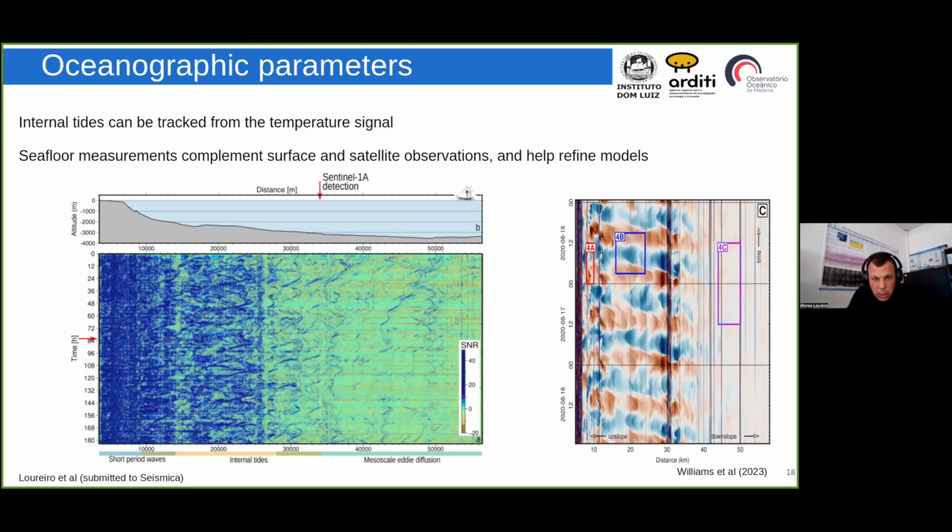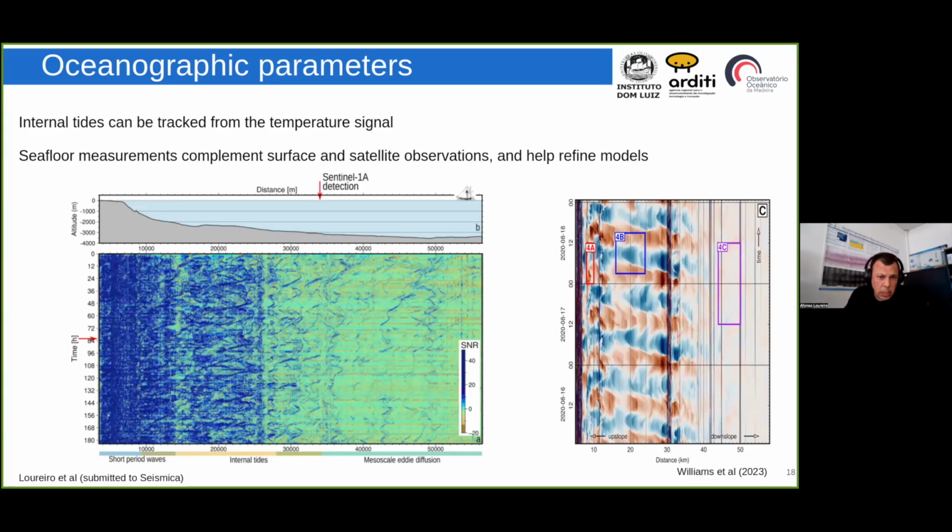And with some filtering on the data. So if you remember that long equation about all the problems that affect DAS measurements, the middle term was temperature. And it usually acts in a time scale that's separated from the strain events and pressure events. So we can then filter our data and start to infer temperature signals. In these images, I have two examples of how we can track temperature fronts, places where the refractive index of the fiber will change due to temperature differences, and how they move along time in the deep basins.